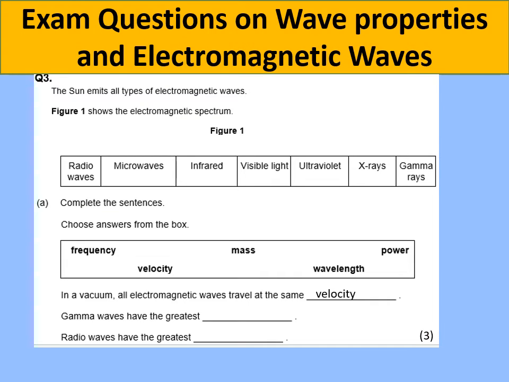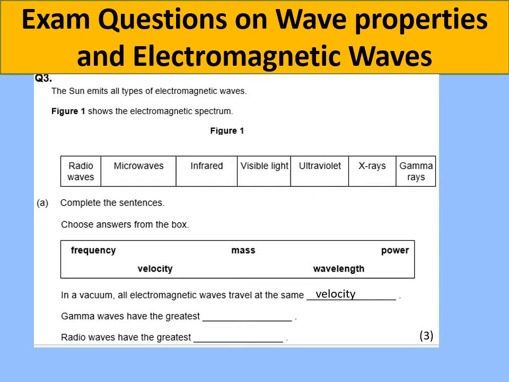Question number 3 says the sun emits all types of EM waves. Figure 1 shows the electromagnetic spectrum. There they are. Remember that radio waves have the longest wavelength and therefore the smallest frequency, whereas the gamma rays have the smallest wavelength and the largest frequency, or the highest frequency.